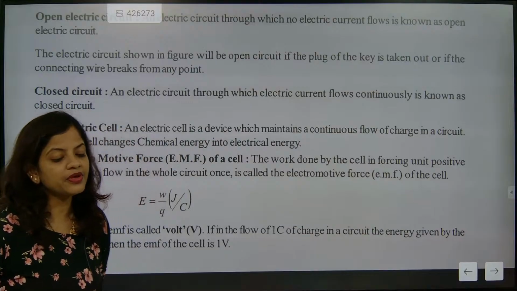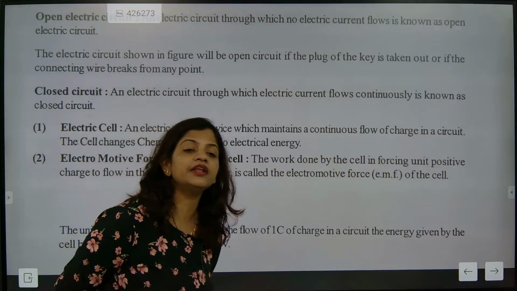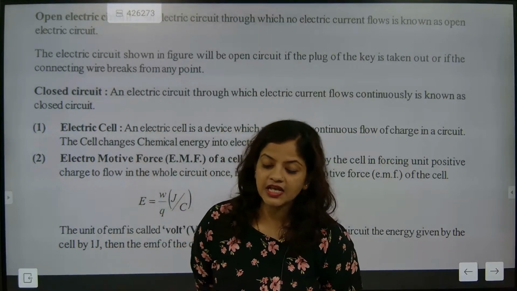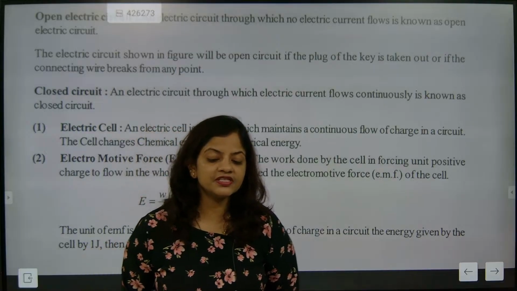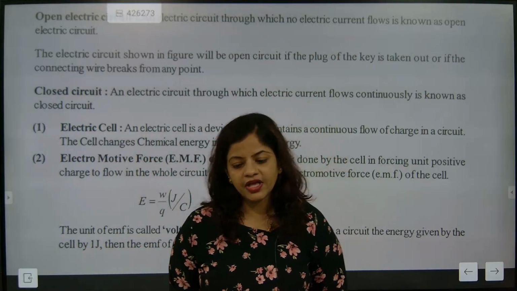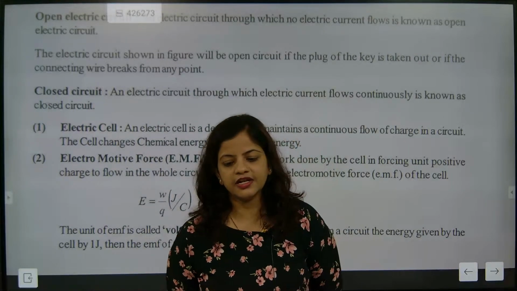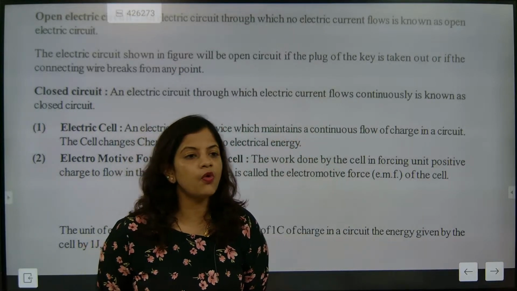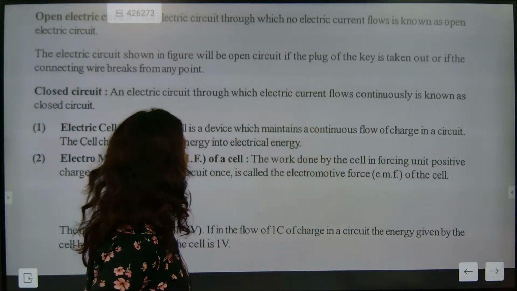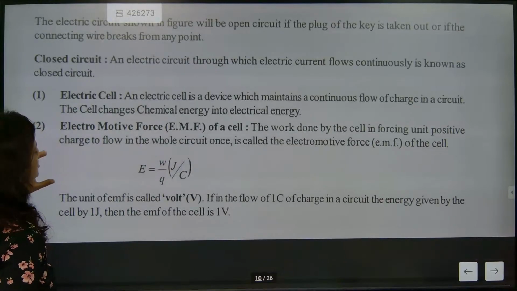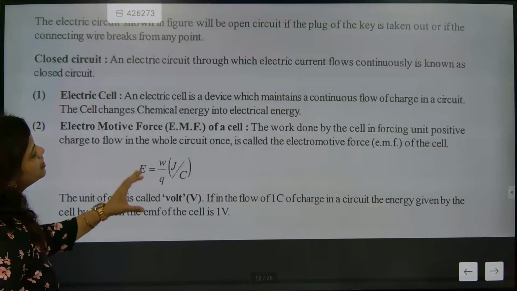Where is the chemical energy taking place? The chemical energy is taking place in the cell or battery, and that chemical energy will influence the circuit. Okay.